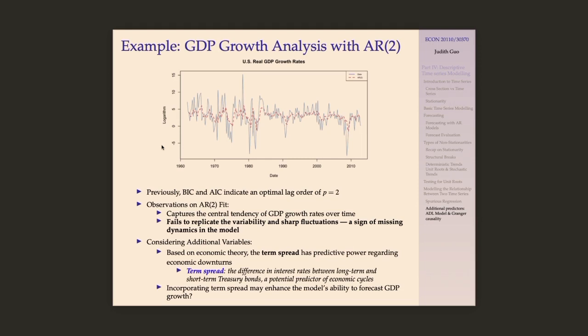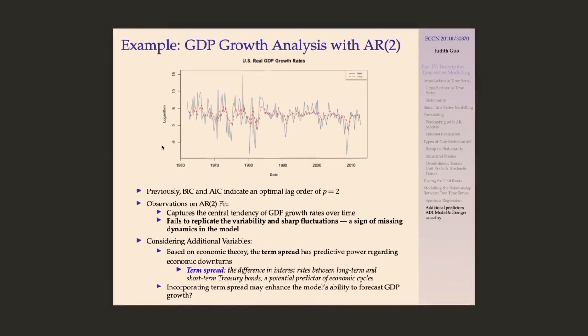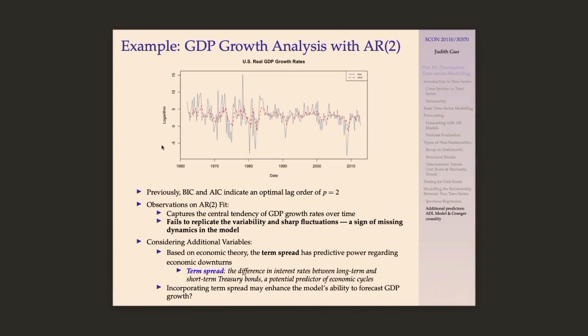So essentially, the term spread is the difference between long-term and short-term interest rate. We're going to evaluate whether incorporating the term spread might help us improve the model's ability to forecast or predict the GDP growth.